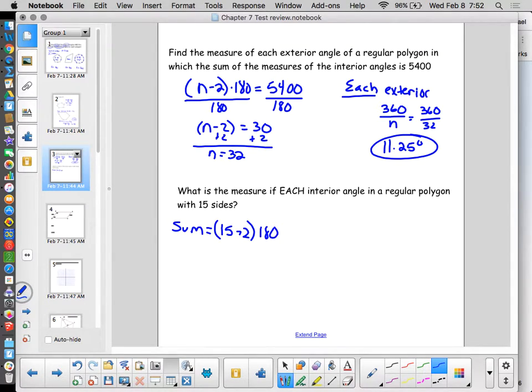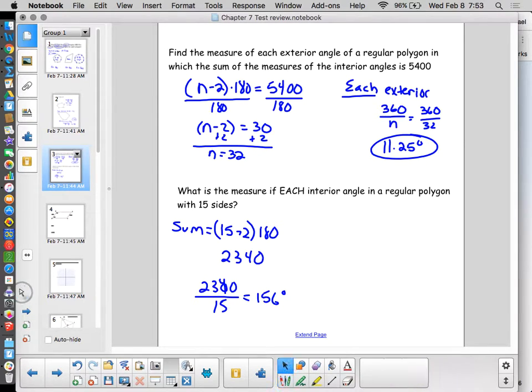So 13 times 180 is 2,340. And then divide that by 15. Because there are 15 angles, got to remember to put the 2 back on. And you get 156 degrees each one. That's one way of doing it.